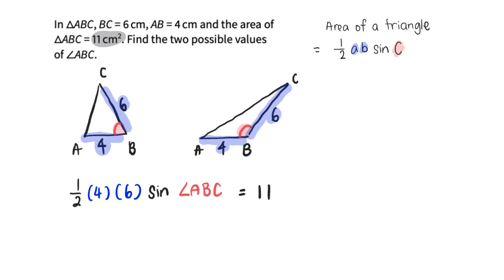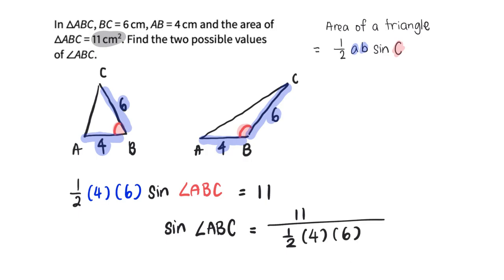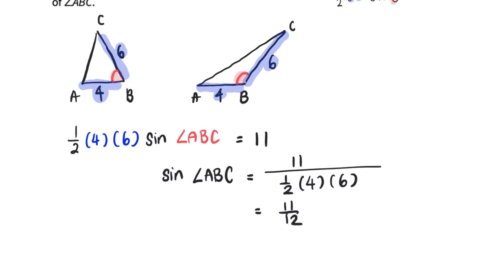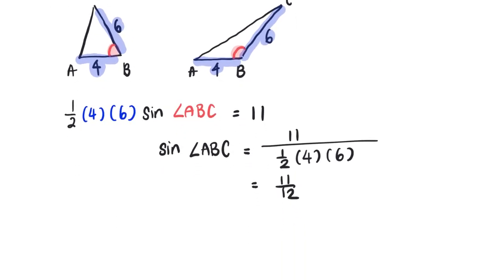And therefore, I will be able to get the sine of this acute or obtuse angle. As such, 11 divided by the half, the 4 and the 6 gives me 11 over 12. And then from here, my angle ABC will be equal to the sine inverse of this.